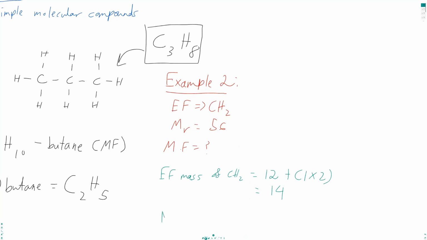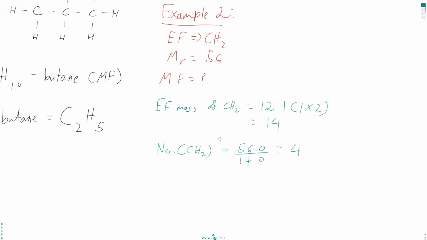We then work out the number of CH2 units in one molecule. So the number of CH2 units equals 56, because our Mr is 56, divided by 14, and it gives us 4 CH2 units. So our molecular formula is then equal to 4 times CH2.